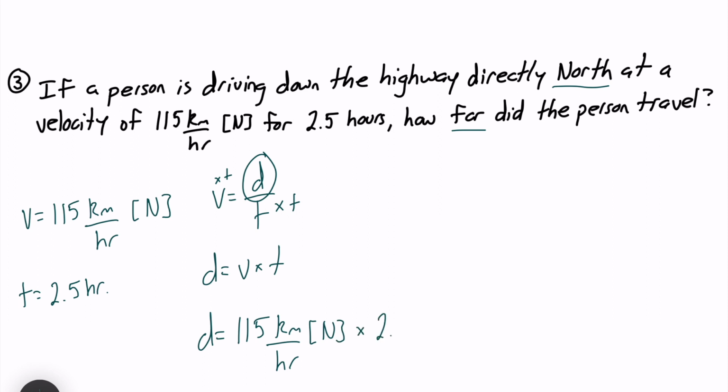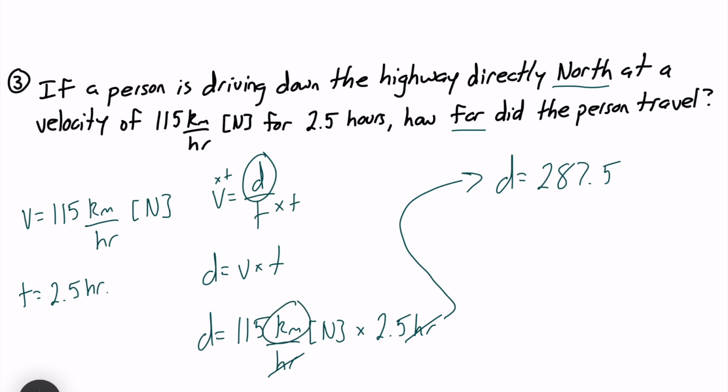Multiplied by our time, which is 2.5 hours. We're going to get a distance of 115 multiplied by 2.5, which is 287.5. Our units here, because we have hours on the bottom and hours on the top, we're left with kilometers. So our unit is going to be kilometers.